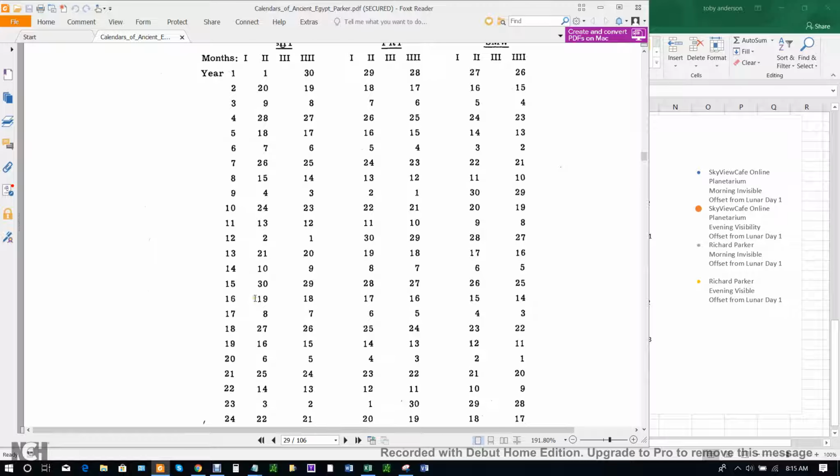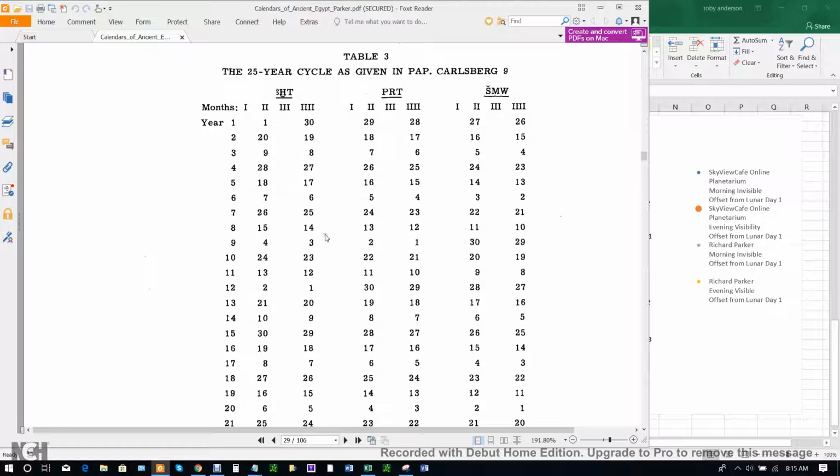So year 1, year 25, and basically there's numbers for 6 of the 12 months. There is 12 months, each 30 days long, and then 5 extra days at the end of the year called epagomenal. Anyways, this is the start of year 1.